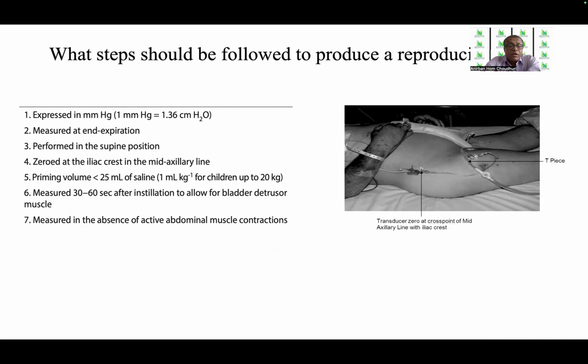That is what I meant about muscle contractions and why we need to instill a lesser amount of priming volume, because the intra-abdominal muscles can contract, and this may raise the intra-abdominal pressure, which can be attributed to the disease where it is actually not so.